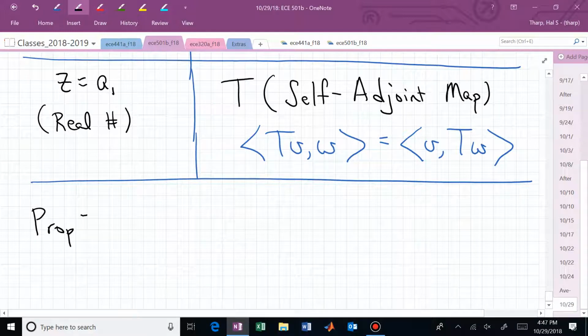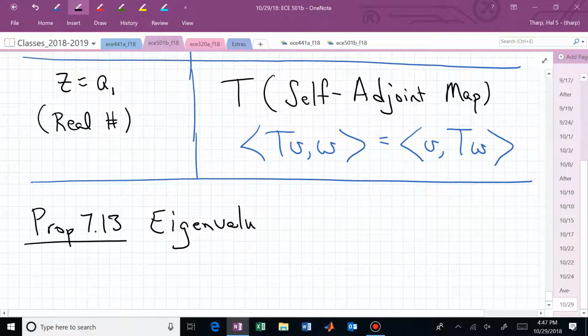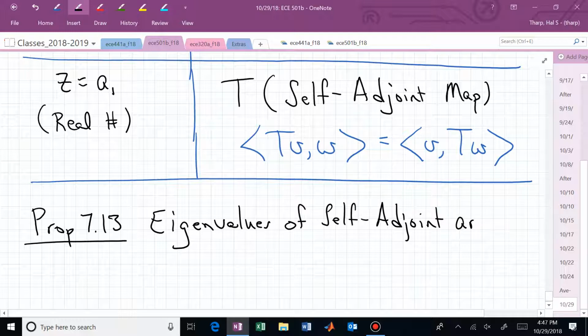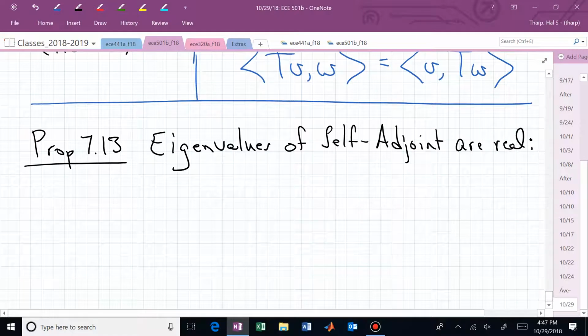Proposition 13 in chapter 7, and it's labeled as eigenvalues of self-adjoint maps are real. So that's the label. Eigenvalues of a self-adjoint map are real.